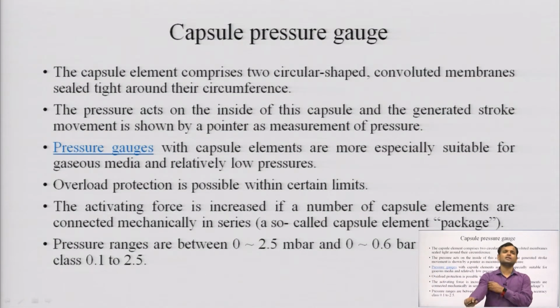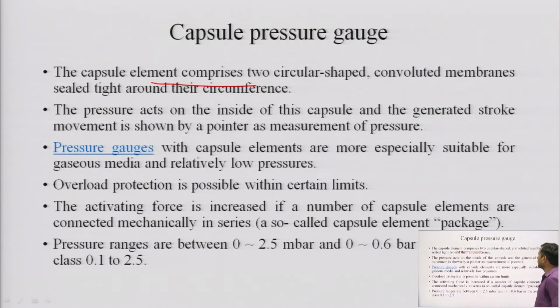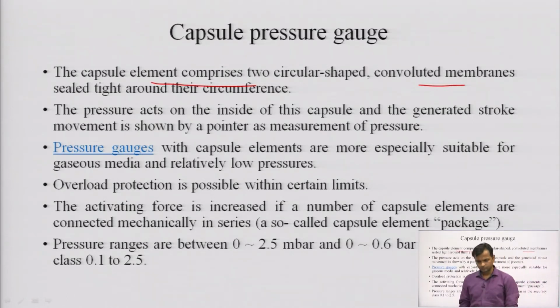Now, first we will discuss the capsule pressure gauge. What actually is the capsule pressure gauge? The capsule element comprises two circular shaped convoluted membranes sealed tight around their circumference. In all these types of elastic or mechanical pressure measurement devices, the arrangement is like this.